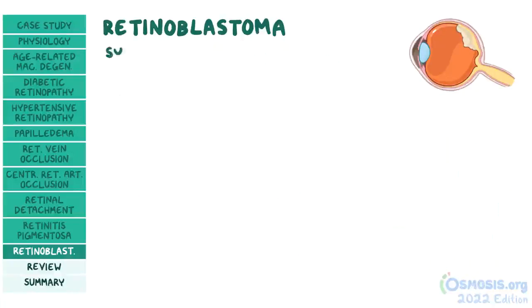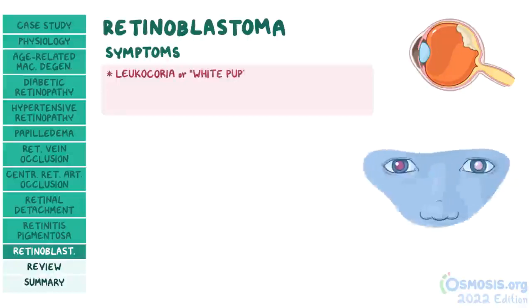Now, in terms of symptoms, what's especially high yield is that retinoblastoma typically presents with leukocoria or white pupil. So, when flash photography of the person is taken, instead of the red eye effect, they'll have white pupils.